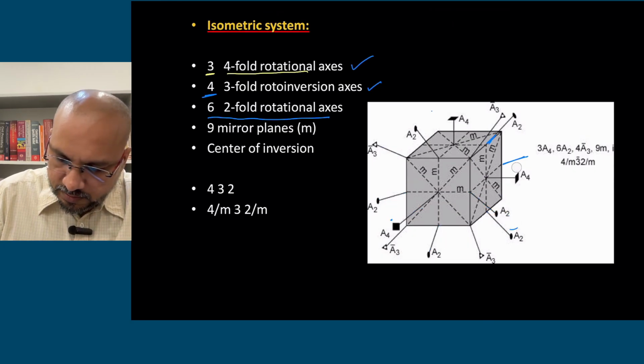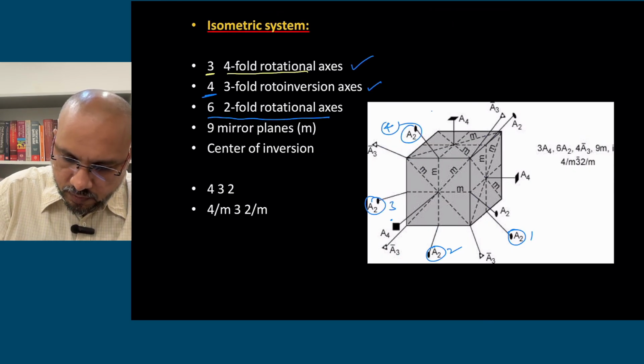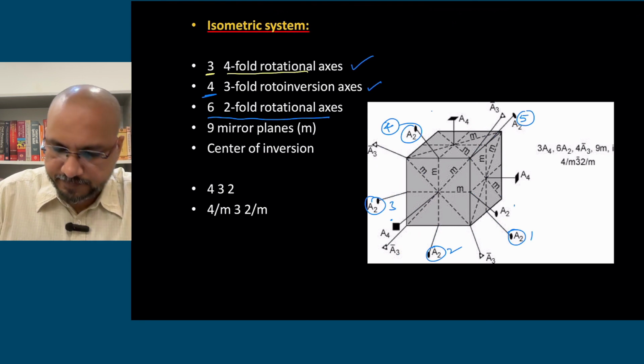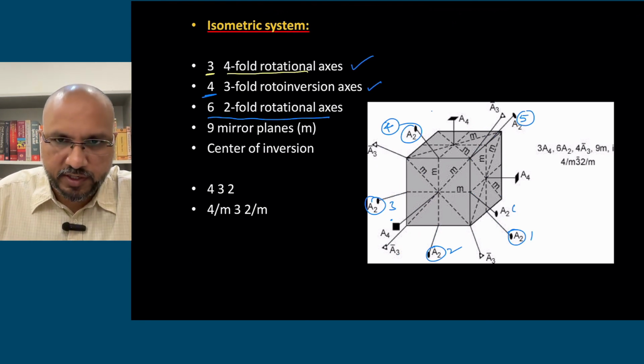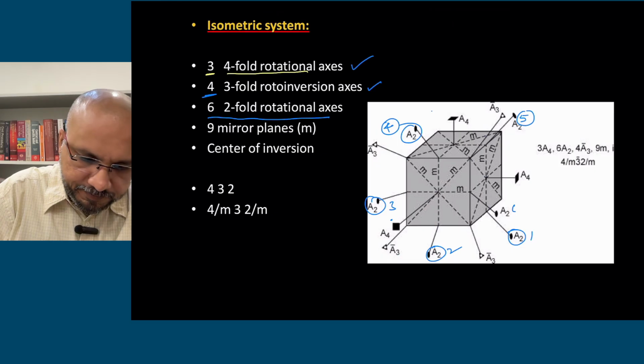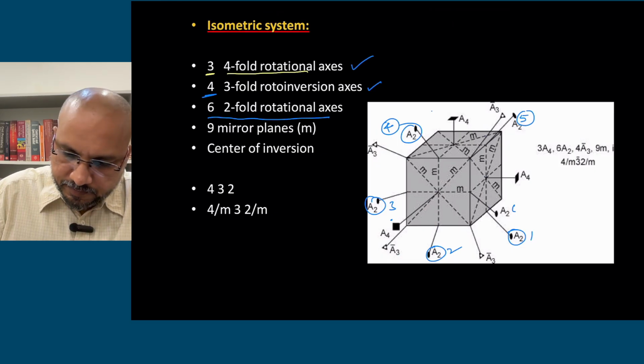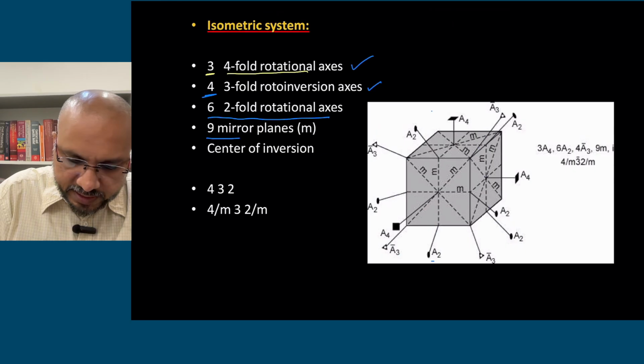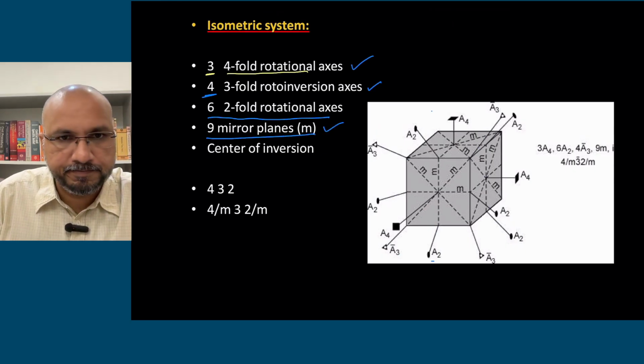So 1, 2, 3, 4, 5, and 6. So 6 two-fold rotation axes are there. And there are totally 9 mirror planes. Total 9 mirror planes are there.